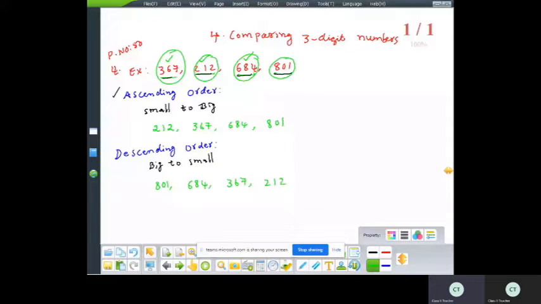See, 801, 684, 367, and the first one is your last one, 212. Yes, descending order means the numbers arranged from big to small. This is called descending order.